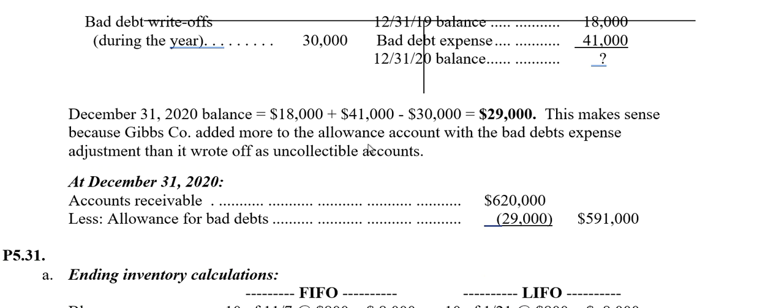And then they ask you to do a subset, if you will, a presentation of what it would look like if it actually showed up in a balance sheet. And you'll see here that you would list accounts receivable first, and then right underneath it would be less allowance for bad debt. So your net realizable value as of December 31, 2020 is going to be $591,000.